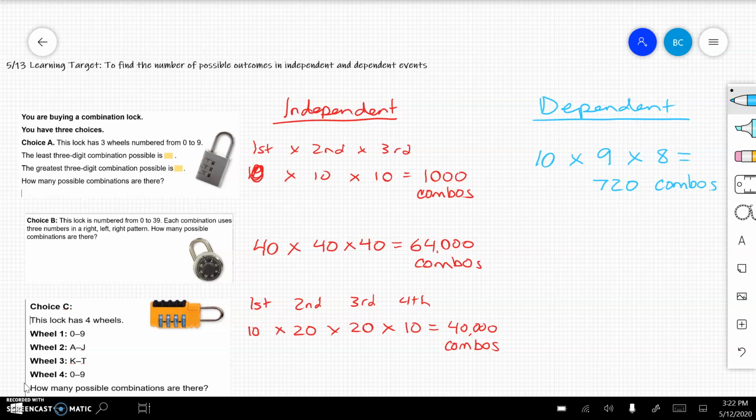On the next one, if I have a lock numbered 0 through 39, when I first spin the dial, I have 40 numbers I can choose from. But if my lock said, the way that it was made said that I couldn't repeat any of those numbers, I had to have different numbers, then it would be 39 and then 38. Now notice that these are not totally factorials because they don't go all the way down to 1.